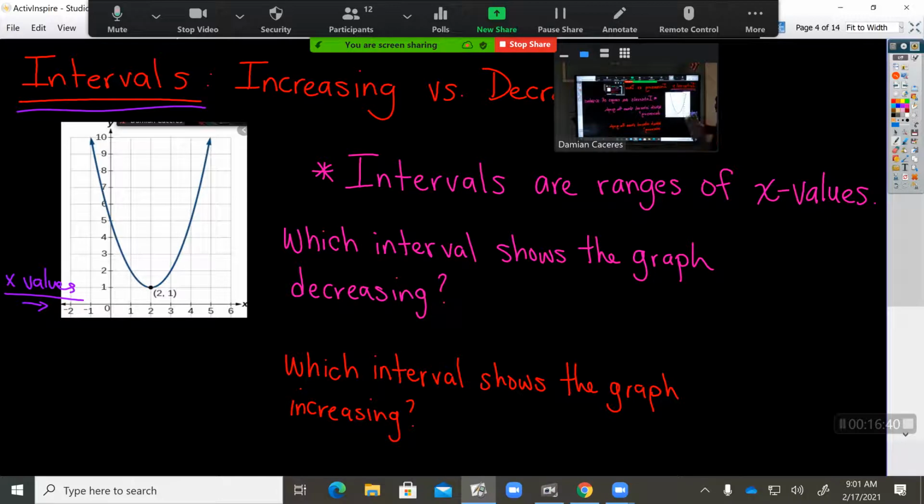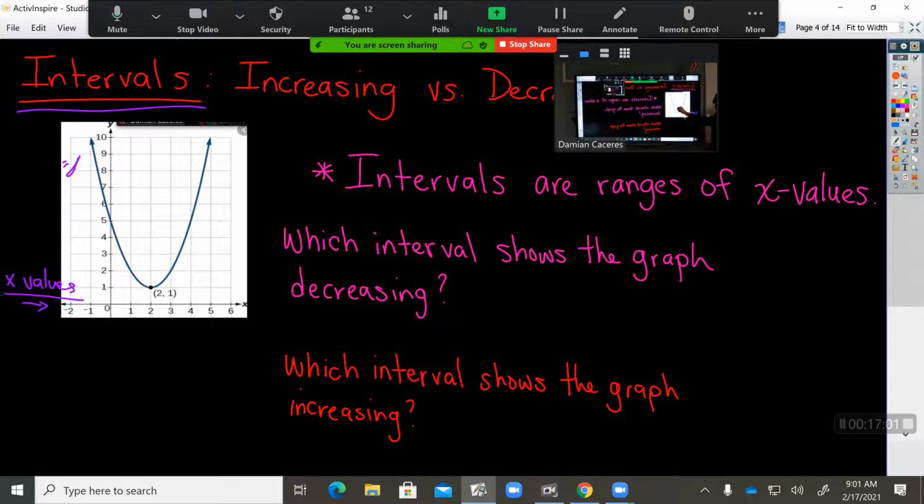If I say, what's happening to the graph between interval -1 and +2? I'm going to look at the x values between what? -1 and +2. So between -1 and +2, is that blue line going down or up?